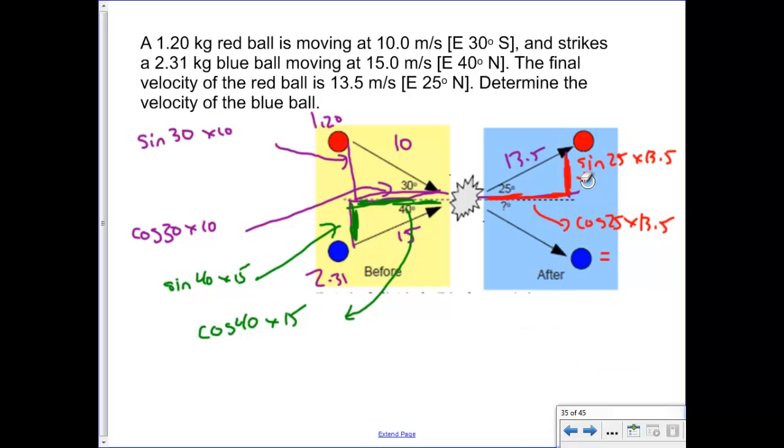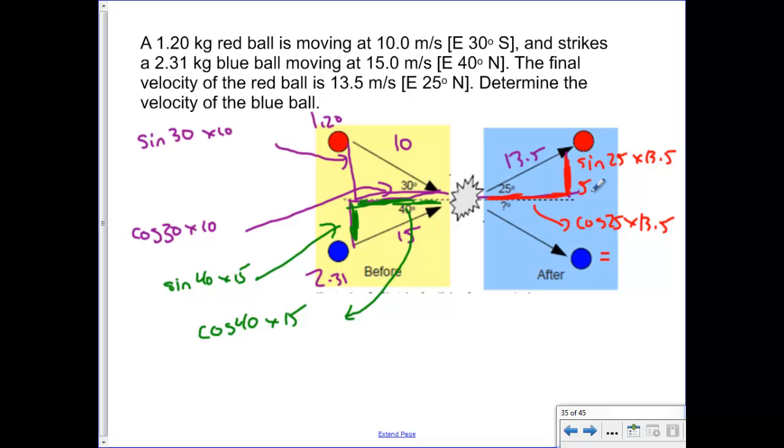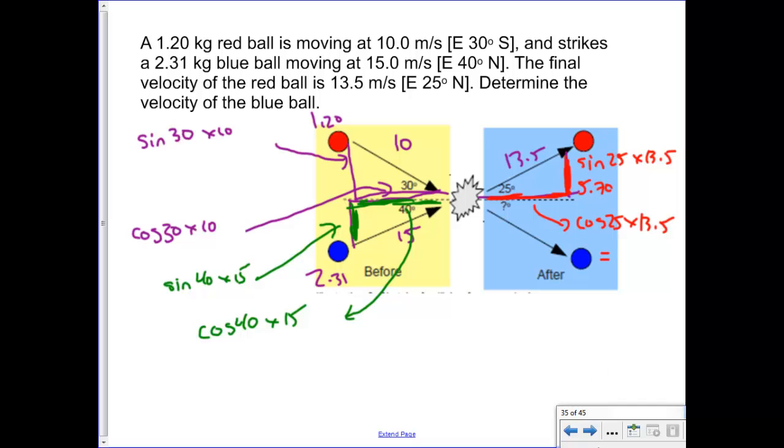Need more room here. Cosine of 25 times 13.5 is 12.235.